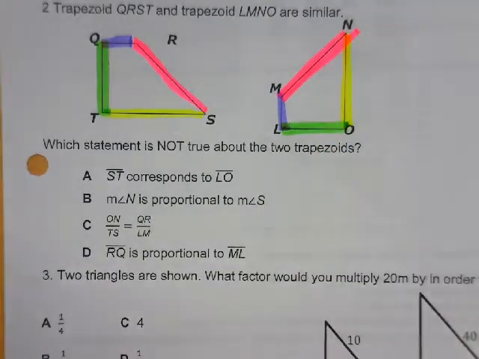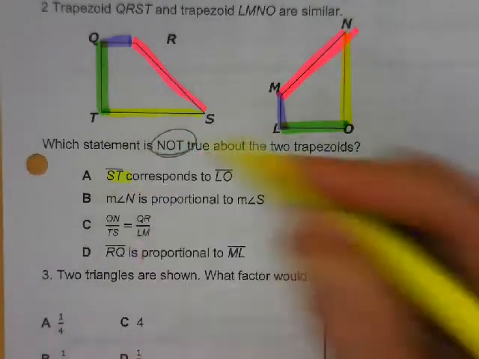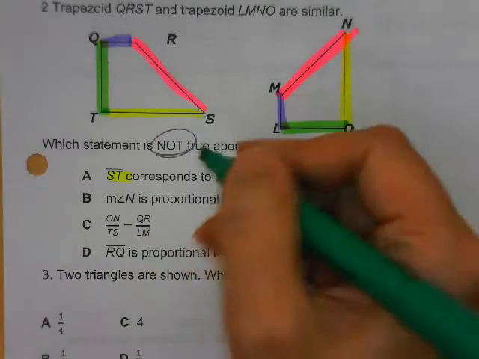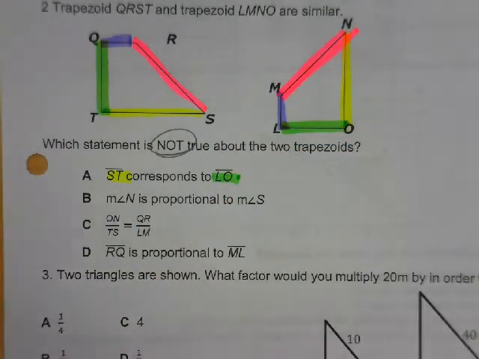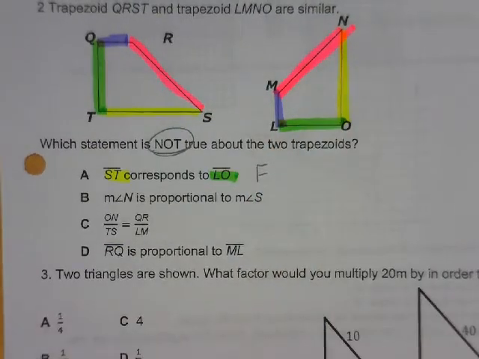So notice this one says which one is not true. So if we look at this, I can say, okay, ST, which was yellow, and LO is green. So these do not correspond. They are not in the same spot. So this one is definitely false.